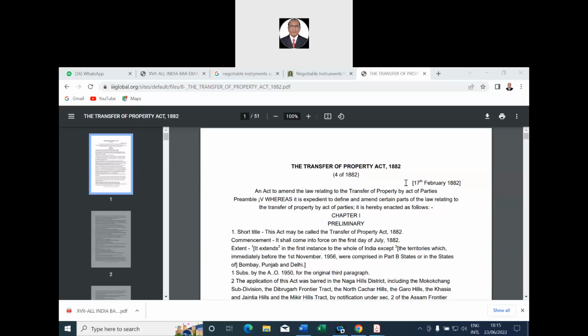In a similar manner, they may ask how many amendments are there in the Negotiable Instruments Act, and what is the latest amendment year or provisions. I am giving you a hint so that you can keep in mind the framing of the questions and how they can be made.